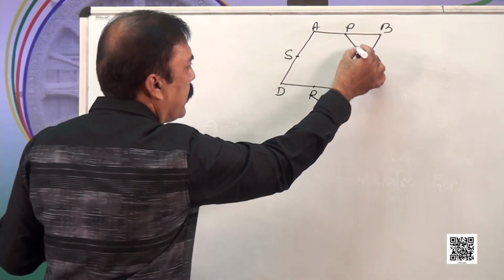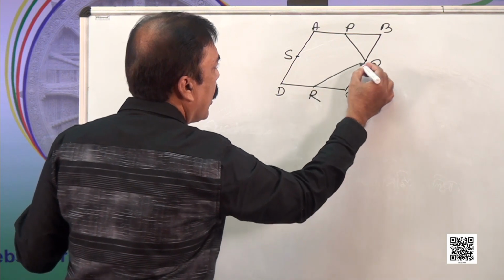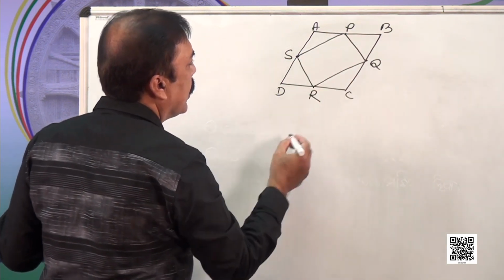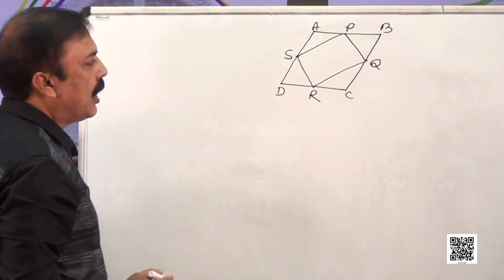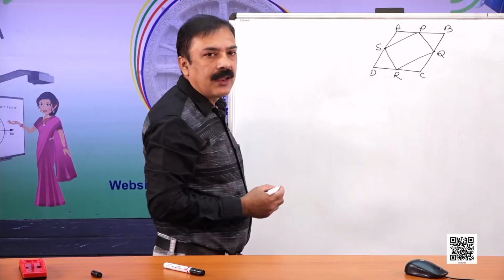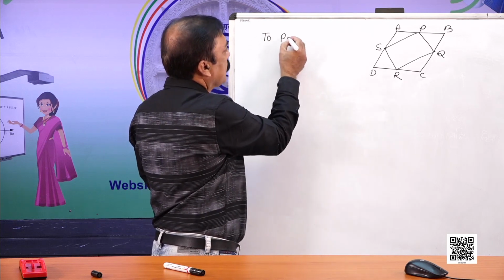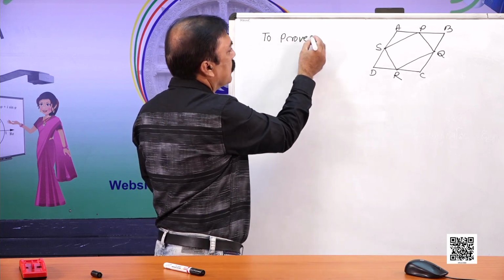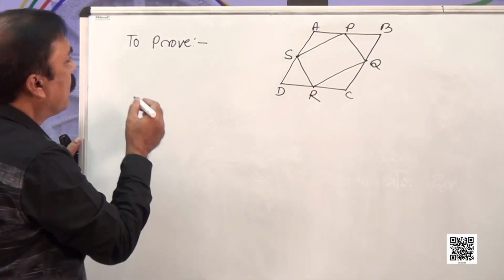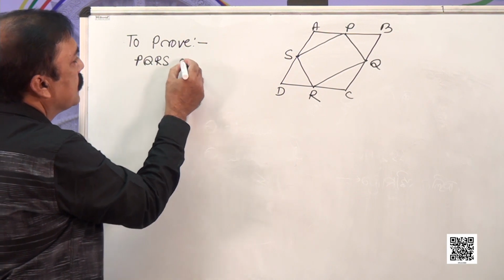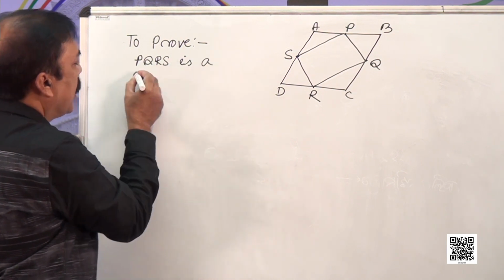So, if we join PQ, QR, RS and PS, then we have to prove that PQRS is a rectangle. So, to prove here, we have to prove that PQRS is a rectangle.